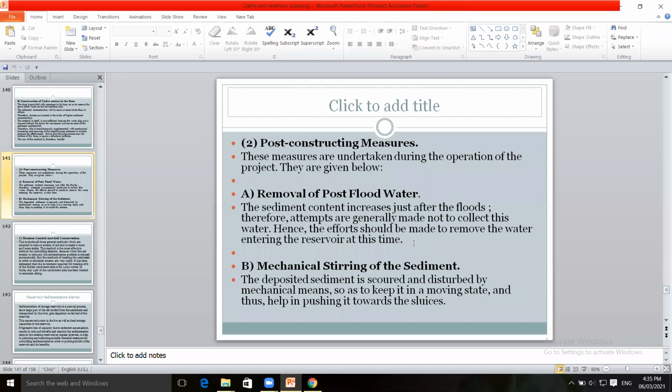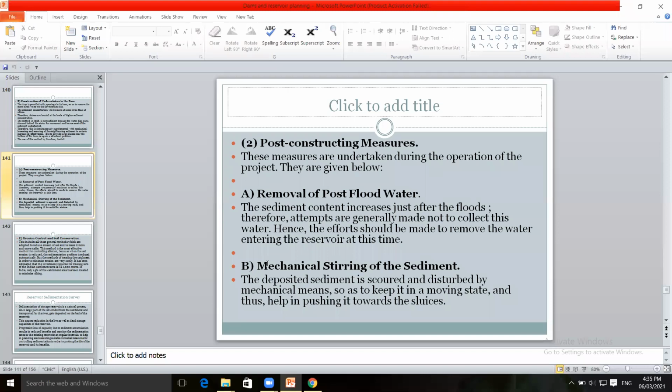Second one, mechanical steering of the sediment. The deposited sediment is scoured and disturbed by mechanical means. So during flow of the river, when the velocity of the water gets reduced, there is an accumulation of the large particles.